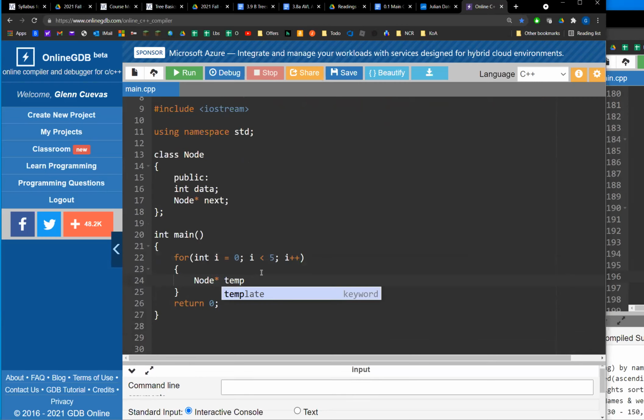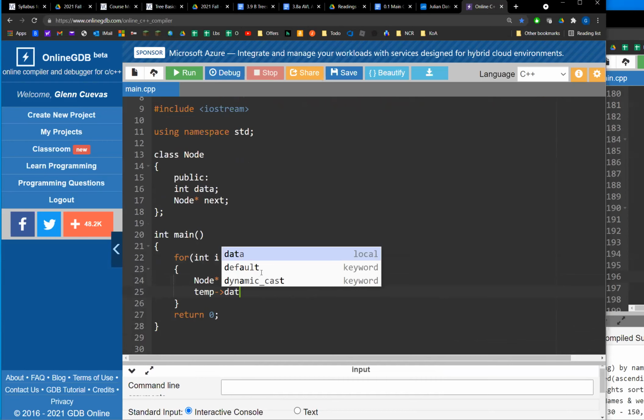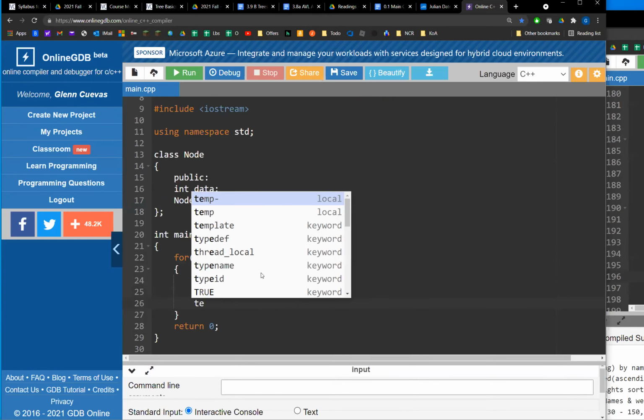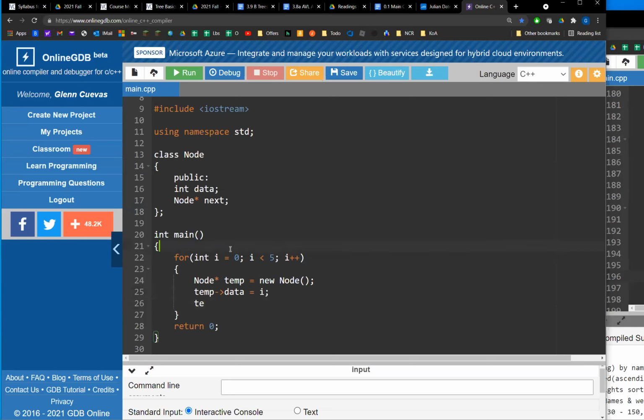Node star temp equals new node. All right, so that node's data equals i and I guess I'll just add a node star top example here.